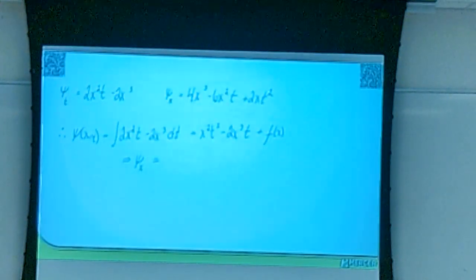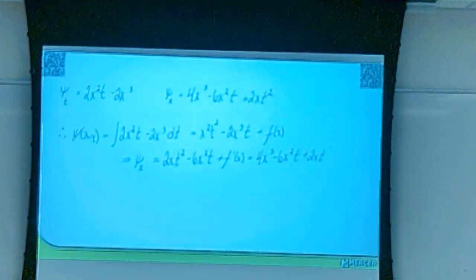We now have that, partial with respect to x. What is it? 2x t squared minus 6x squared t plus f prime of x. And that has to equal that, right? That means that f prime of x is 4x cubed.